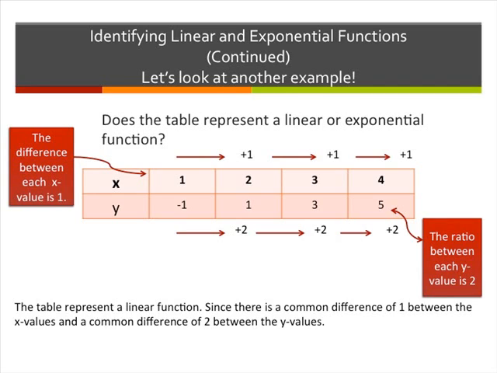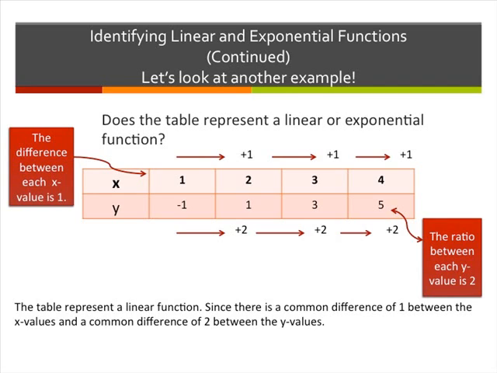We can see that the first y value is negative 1. Well, if we add 2 to it, it gives us our second y value, which is positive 1. And then if we add another 2 to the second value, we get 3 for our third y value. And then if we add another 2 to the third value of y, we get 5.